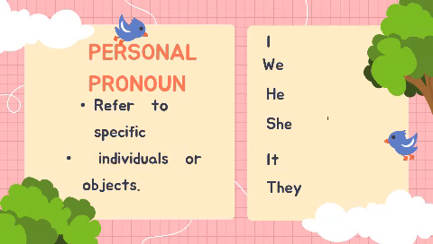You could use I, we, you, he, she, it, they. For example, if I'm saying Geeta is beautiful and you want to replace Geeta with a pronoun, you could say she is beautiful. She is the pronoun here. So this is a personal pronoun.